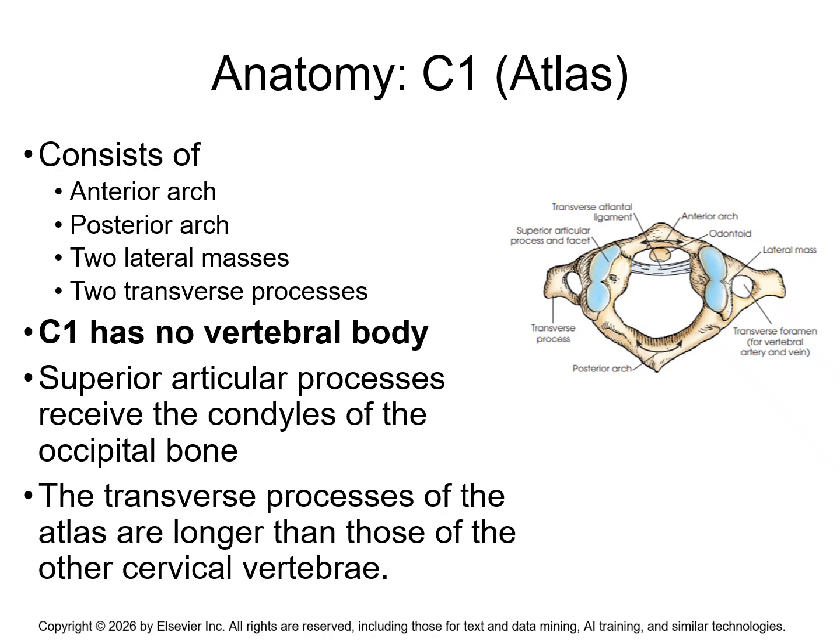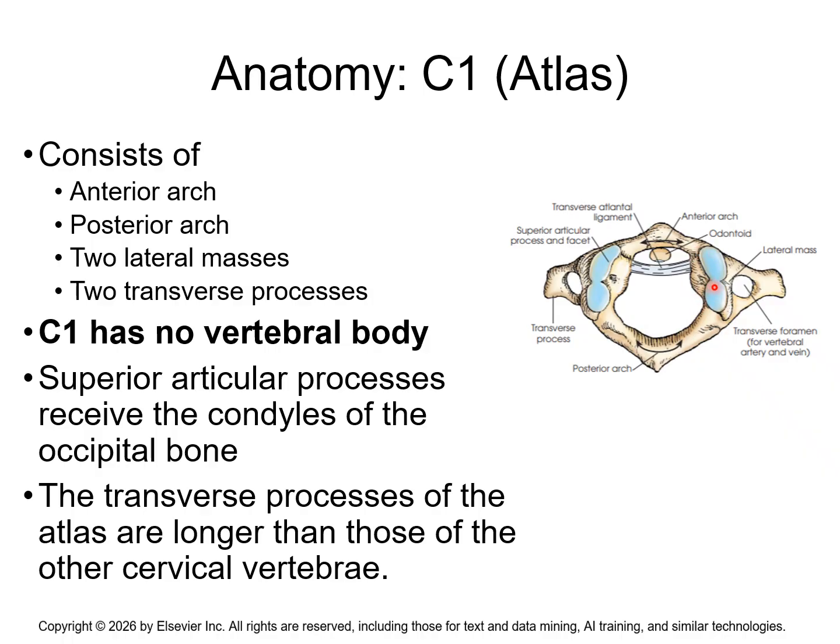Now, on C1, you have an anterior arch, and then you have a posterior arch. You have 2 what we call lateral masses, just kind of big, because there's no true body on this. These little pieces of more significant bone that you would probably have as a body on a different vertebra are called the lateral masses.